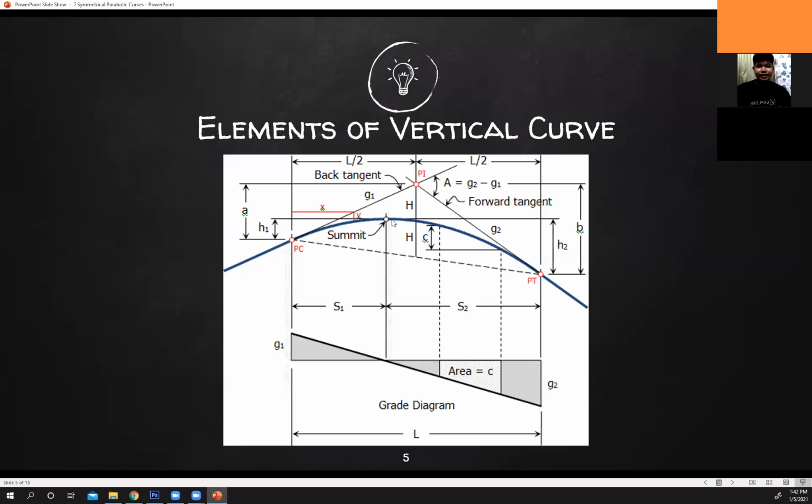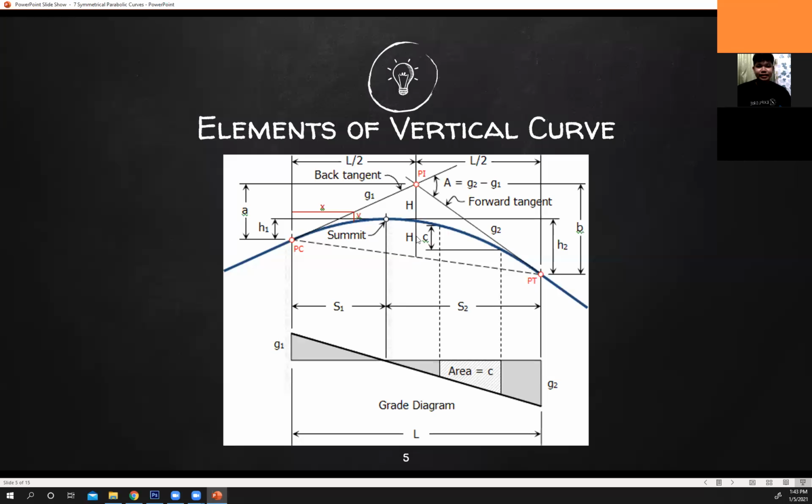Okay, next, what else do we have? We have the C. C is just the difference in vertical displacement of two points on a curve. And then we have your H. H is the vertical distance from summit to PI and from summit to the midpoint of the chord from PC to PT. So draw a chord from PC to PT, the midpoint of that is this.